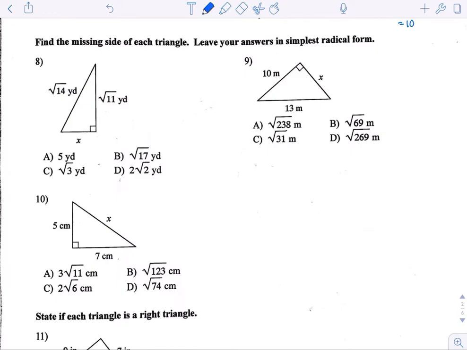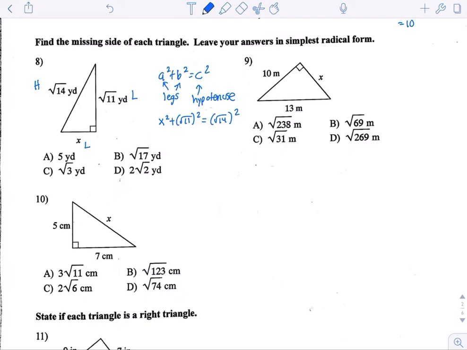Alright, so this is the hypotenuse, right? And these are just the 2 random legs. So remember, a squared plus b squared equals c squared. These are your legs, the a and the b, and this one is your hypotenuse. So x squared plus square root of 11 squared is equal to square root of 14 squared.